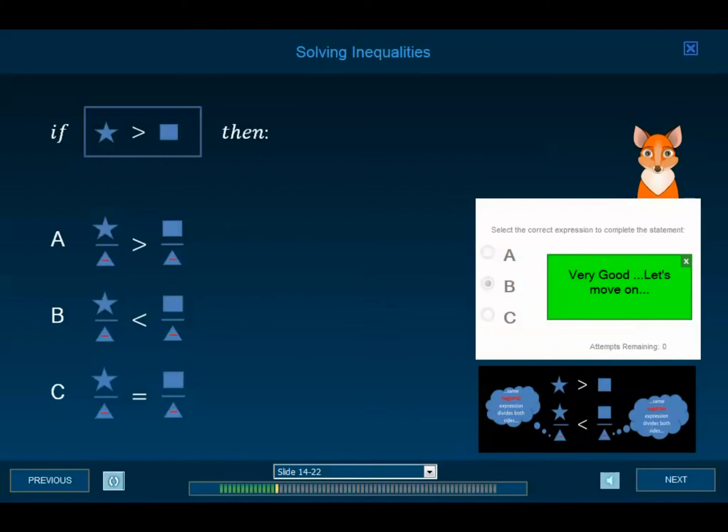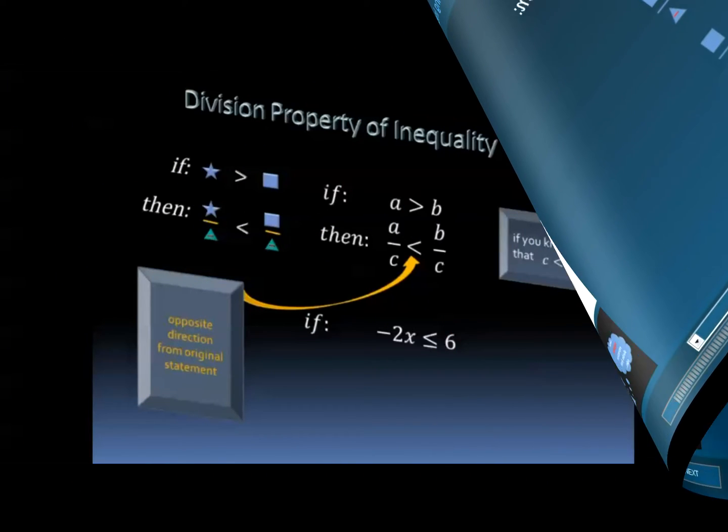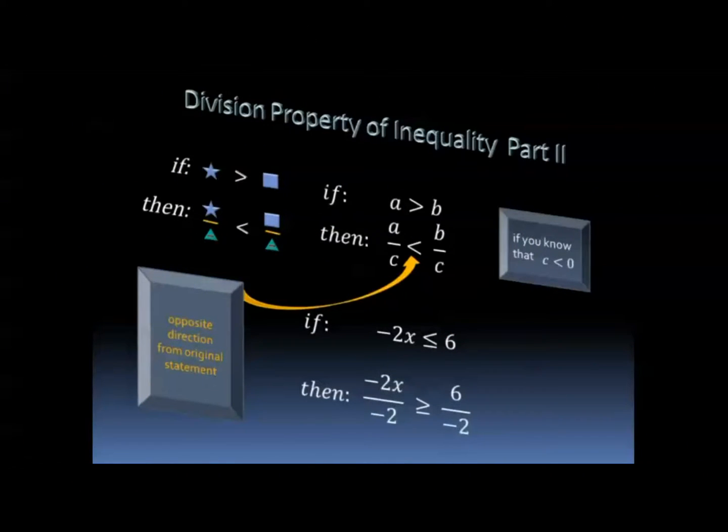Very nice. If star is greater than square, then if we divide by a negative number, answer choice B is correct. Then we can say that a negative 2x over a negative 2, or a negative 2x divided by negative 2, is greater than or equal to 6 over a negative 2.